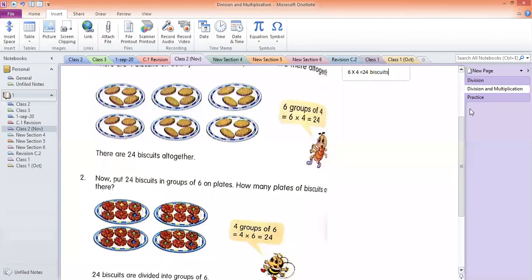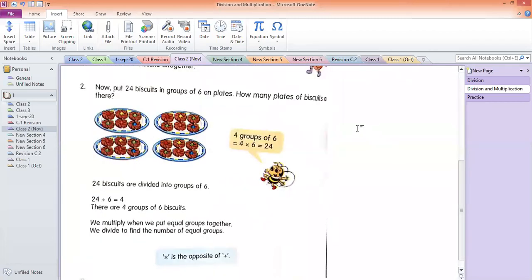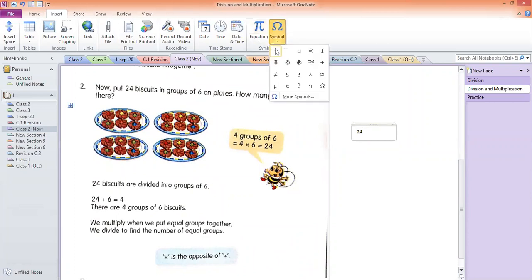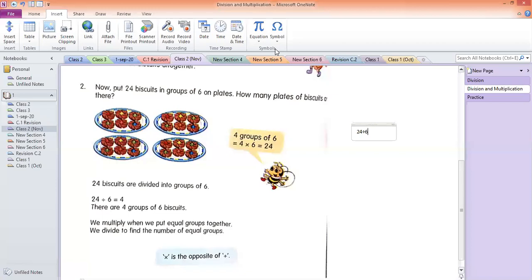Or the same thing, how can I do it? I have total 24 biscuits, right? So I can divide 24 by 6. Why 6? Because I want to put 6 biscuits in one plate. How many total biscuits are there? There are total 24. And how many biscuits do I want in one plate? 6.